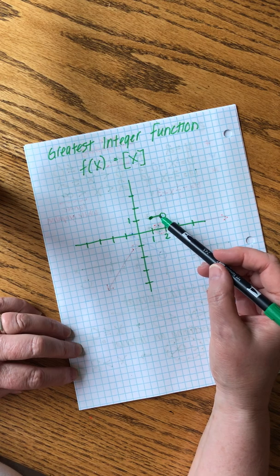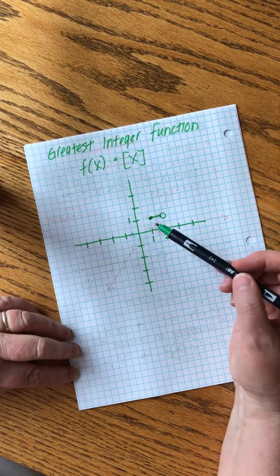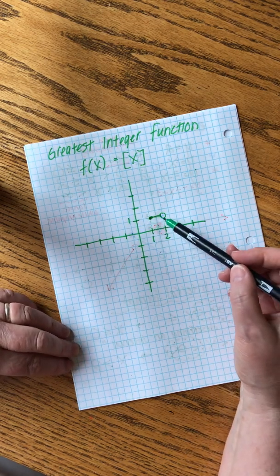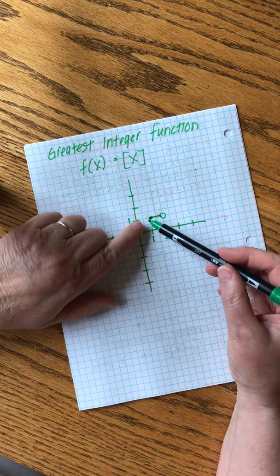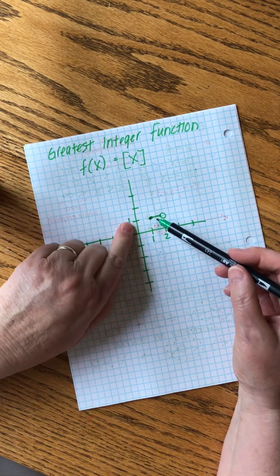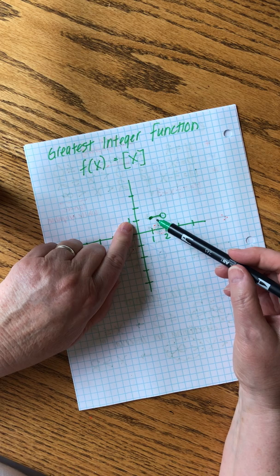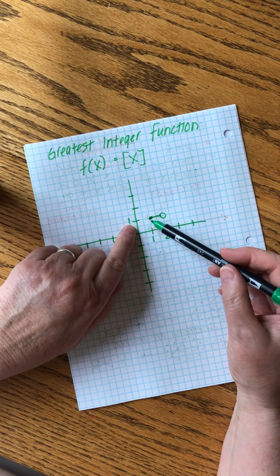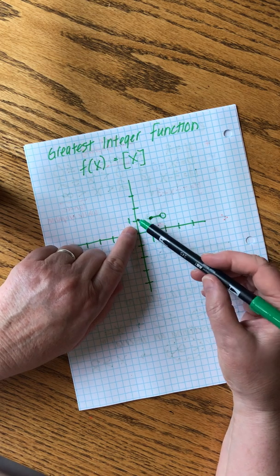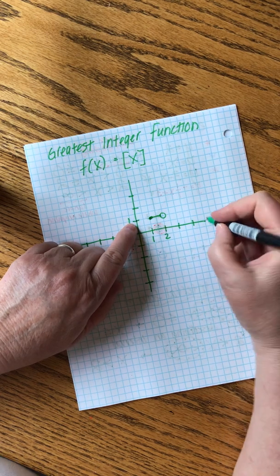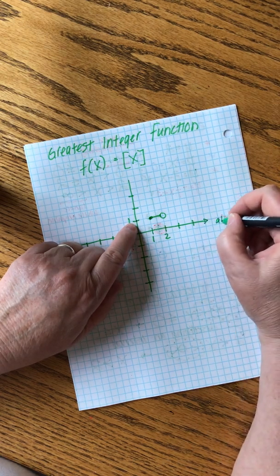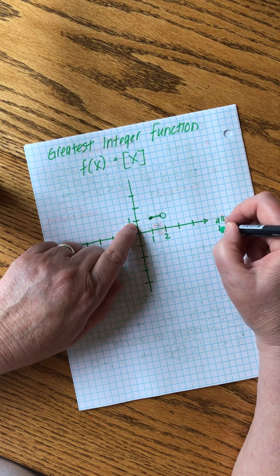There's all kinds of tiny numbers in here that are 1 and something, but they don't go all the way up to 2. For all of these numbers, the greatest integer less than or equal to all of these numbers is 1.